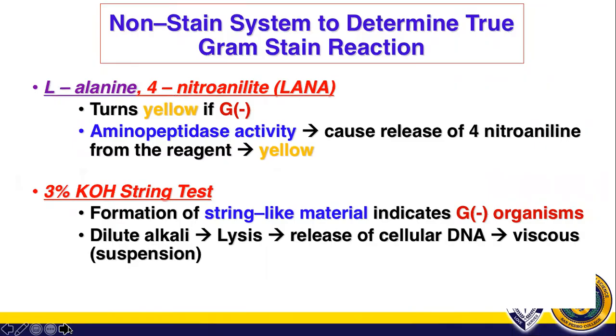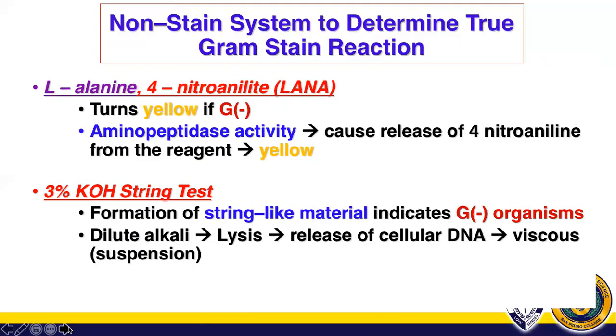Afterwards, add a loopful of cells from a single colony, and then mix it with your 3% potassium hydroxide. Now, if the mixture becomes viscous within 60 seconds, it means that it is KOH positive. The colony is considered gram-negative.